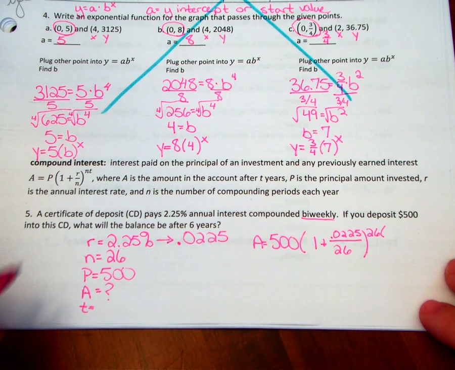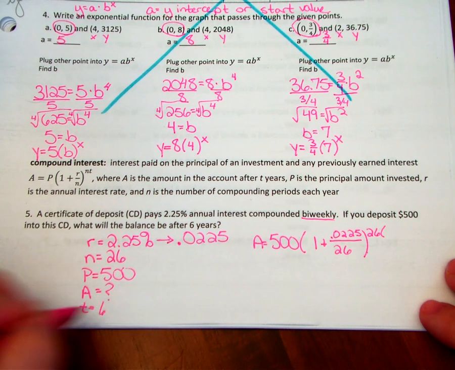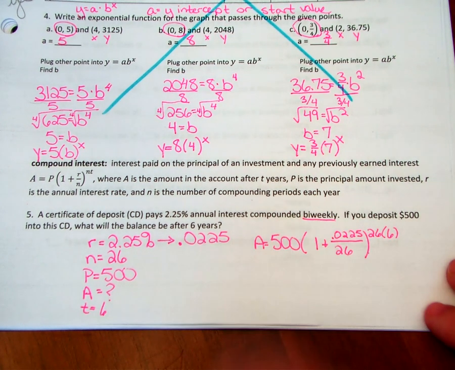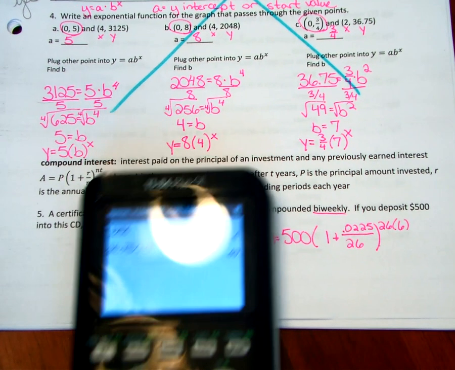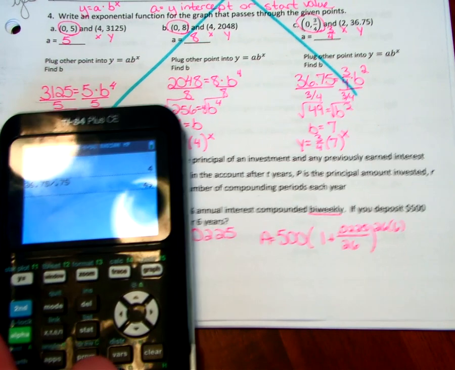It said after 6 years. So 6 in for T. And you can toss that all into your calculator, or you can follow order of operations by hand. Let's see if I can get it without a glare here.